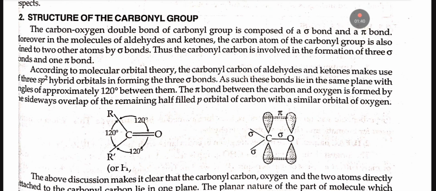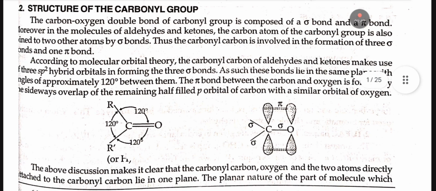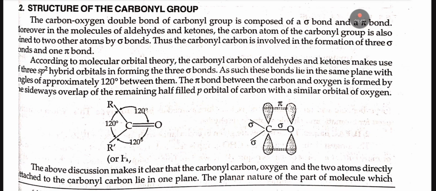Structure of the carbonyl group. The carbon oxygen double bond of the carbonyl group is composed of a sigma bond and a pi bond. In the molecule of aldehyde and ketone, the carbon atom of the carbonyl group is also linked to two other atoms by sigma bonds.